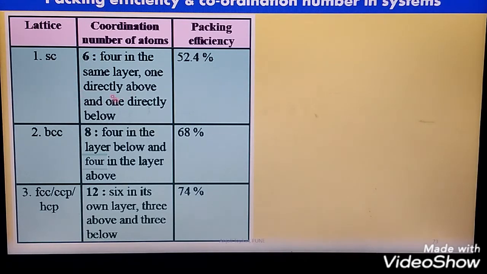Here, the coordination number of simple cubic lattice is 6, wherein you will find one atom or one particle is surrounded by 6 particles. 4 particles in its own layer, 1 particle directly above and 1 directly below. Let's see it.